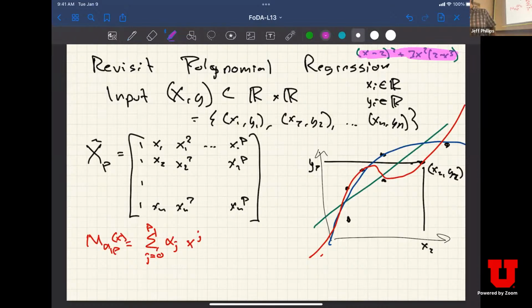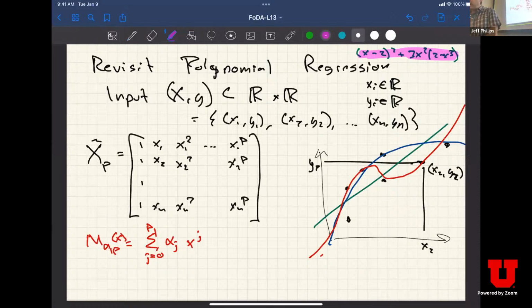This doesn't exactly look like this red form, but you could simplify it, multiply it out, and isolate the coefficients. Any polynomial function up to a certain degree, and this is up to degree 5, because I have x squared times an x cubed, so it's at most a polynomial of degree 5, I can write in this form, okay?